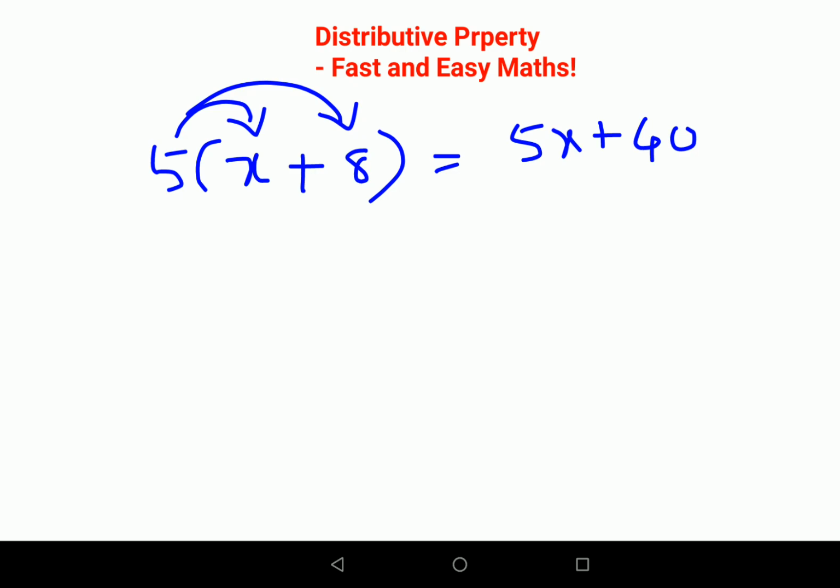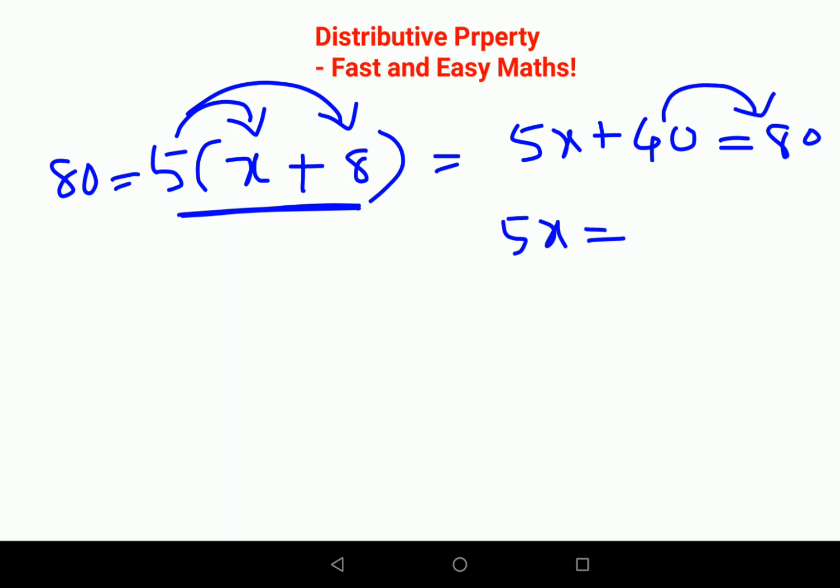But I'm sure this doesn't make any sense to you yet. Imagine if you had to find the value of x, and this is your equation, and they had told you that this is equal to 80. Putting the number on the other side, we get 5x equals 40. So your x value is now 8, right? So this is where this property can be helpful.